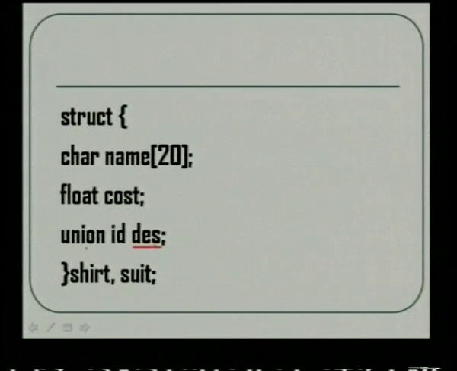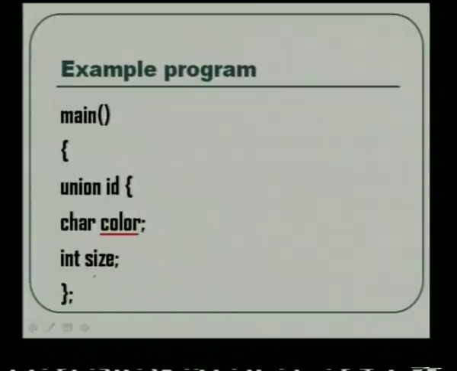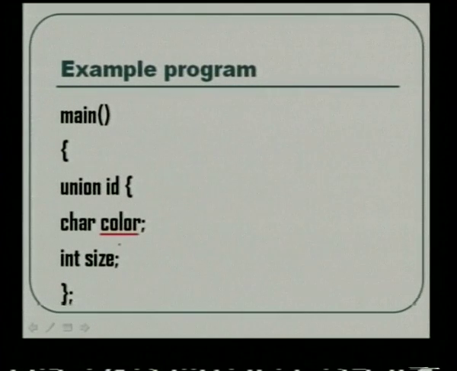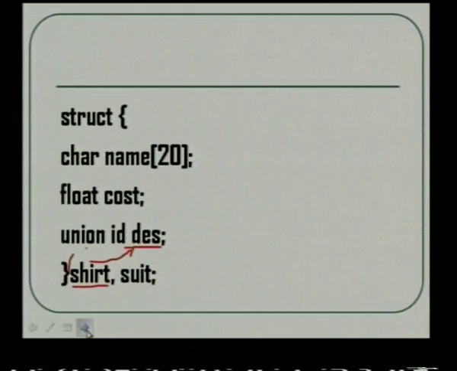So, using the structure variable and then the des variable, we will be able to access the components of this union. That is why we used shirt.des.color, again shirt.des.size. Then the next variable is suit, suit.des.color, suit.des.size. So, this is how you access the members of a union even though a union is declared inside another structure.